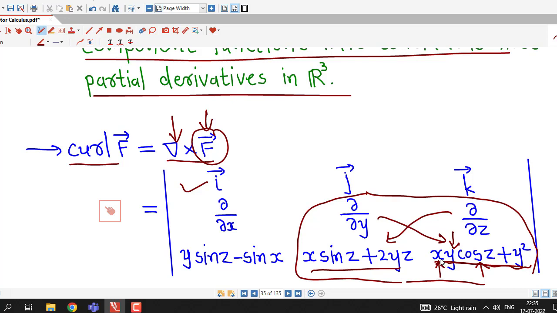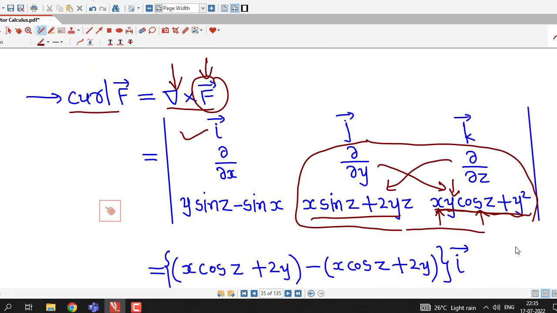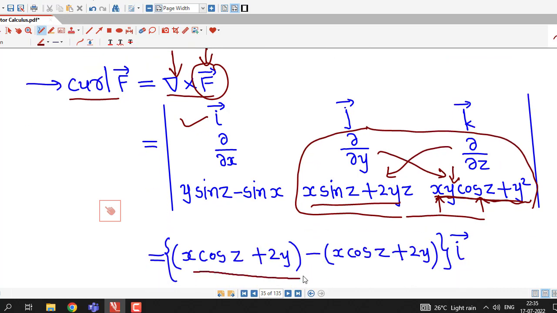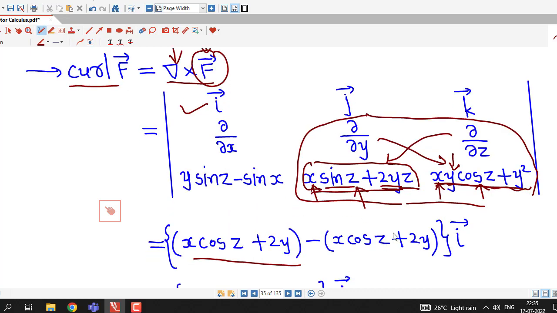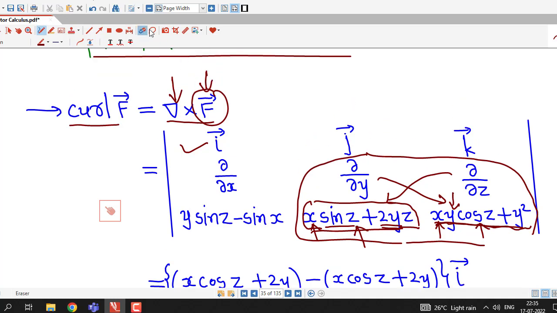So we have x cos z plus 2y, minus the derivative of the other function with respect to z. We consider x and y as constants, so x is constant, the derivative of sin z is cos z, and 2y is constant, the derivative of z is 1. So the partial derivative with respect to z will be x cos z plus 2y. That is written here, and it is multiplied with the unit vector i bar.